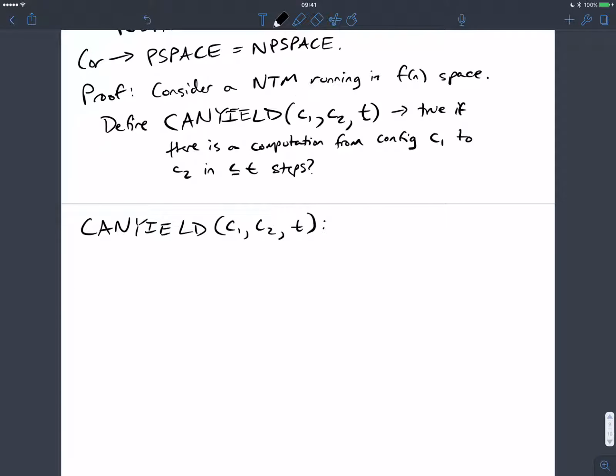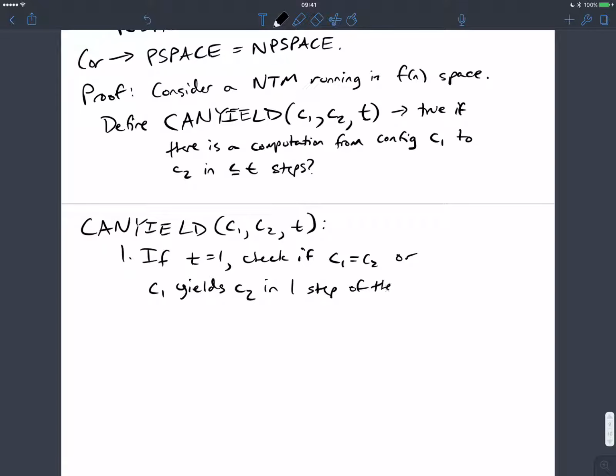Once we know the inner subproblems, we'll delete them and then look at the outer one. So if T is 1, check if C1 is equal to C2 or C1 yields C2 in one step of the non-deterministic machine.